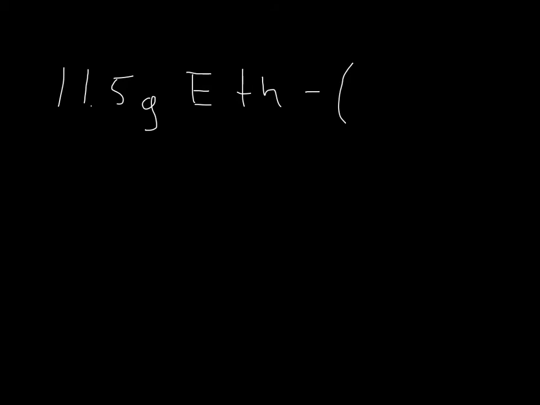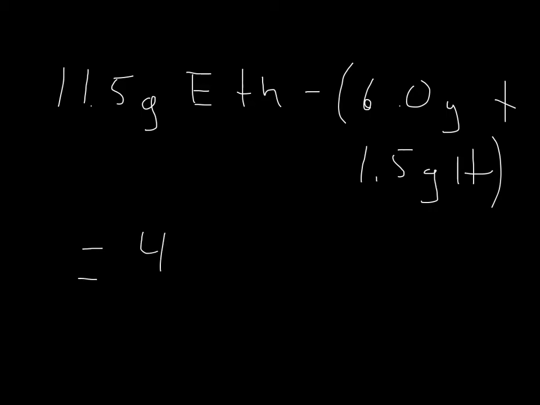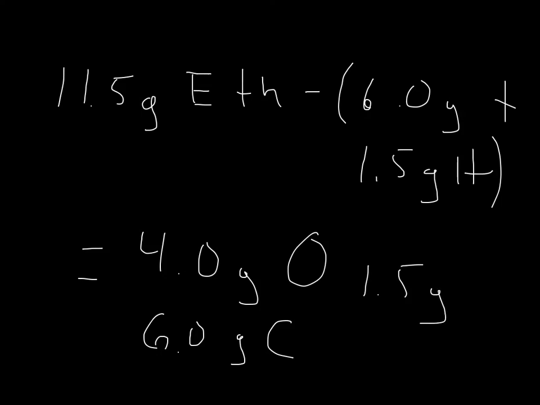If we subtract from that the mass of the carbon plus the mass of the hydrogen, we should get the mass of the oxygen in the original sample, which in this case turns out to be 4 grams of oxygen. So now we know the mass of the oxygen, the mass of the carbon, and the mass of the hydrogen. We know all three. So now we can use those to find the empirical formula very simply. Alright, so let's do that next.